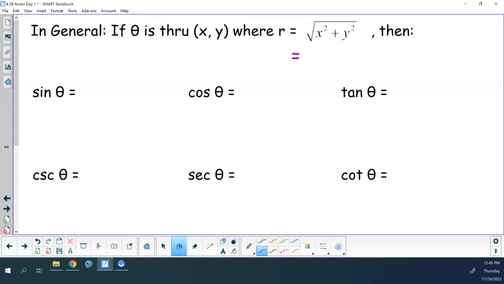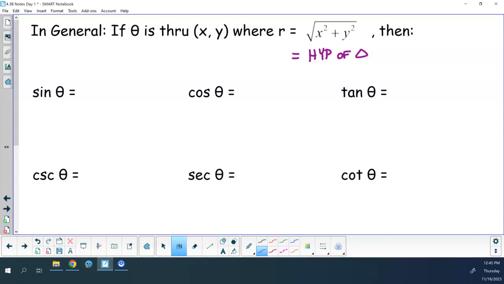This is the hypotenuse of the triangle that we would make. It's the Pythagorean theorem. We squared the x values, we squared the y values, and we added them together with the square root.